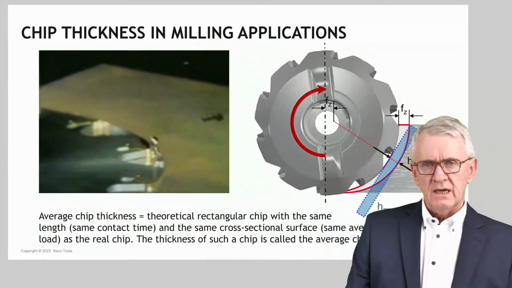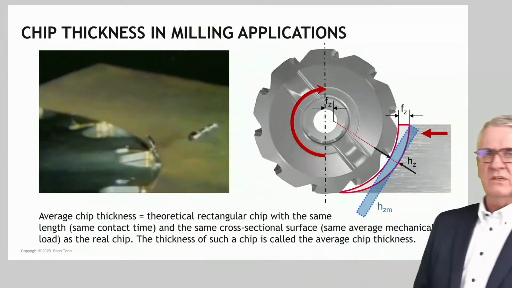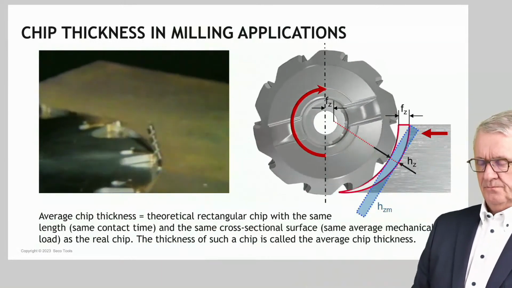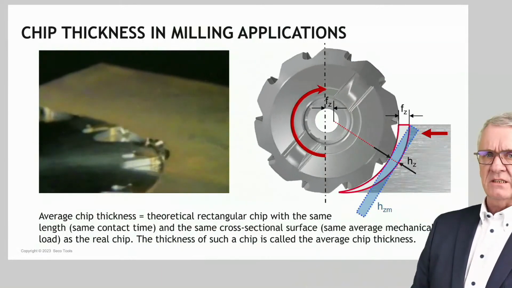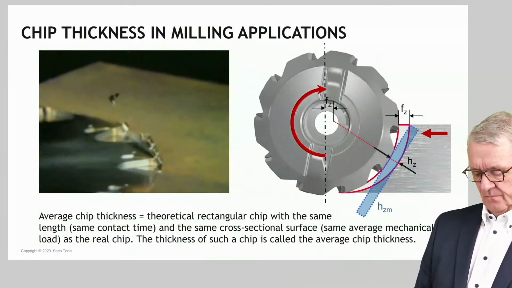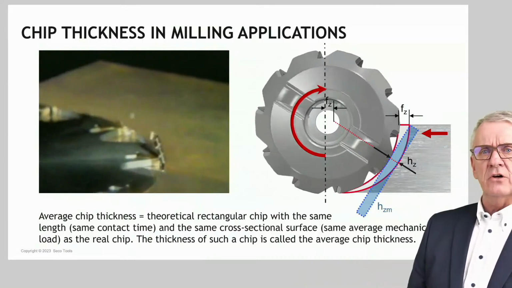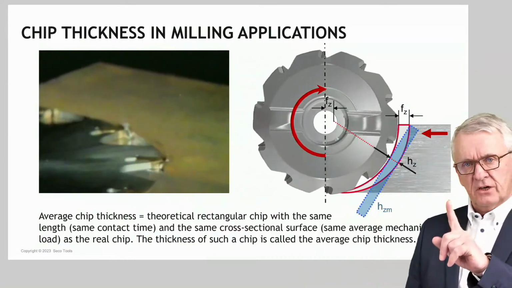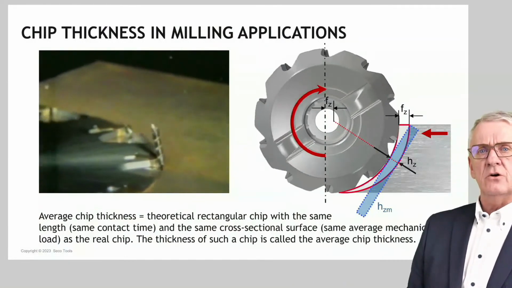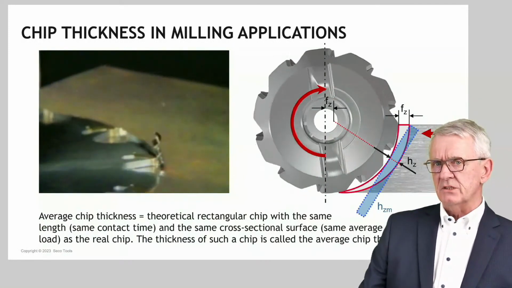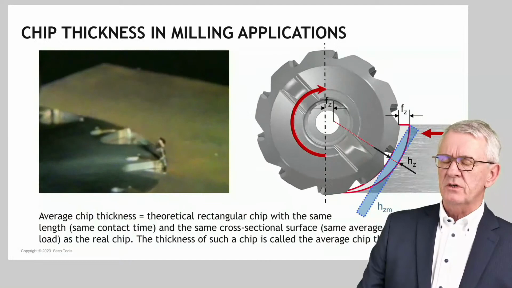invented, I could perhaps say, something which we refer to as average chip thickness. Average chip thickness is defined as, imagine you create a theoretical chip, and that's the first important word, theoretical, because sometimes people ask, where do I measure average chip thickness? Well, I have to disappoint you.